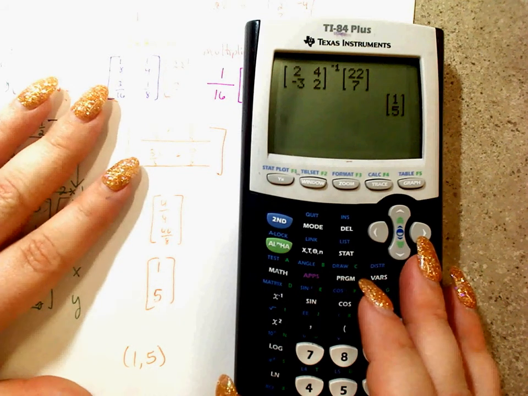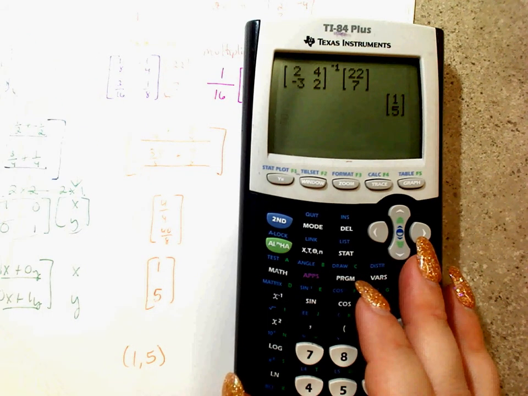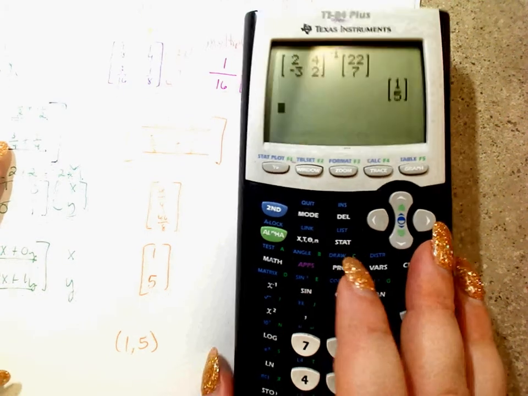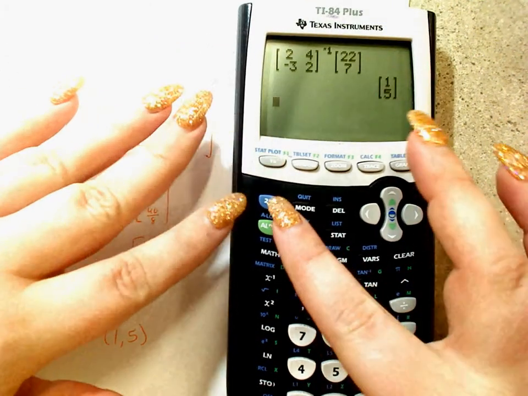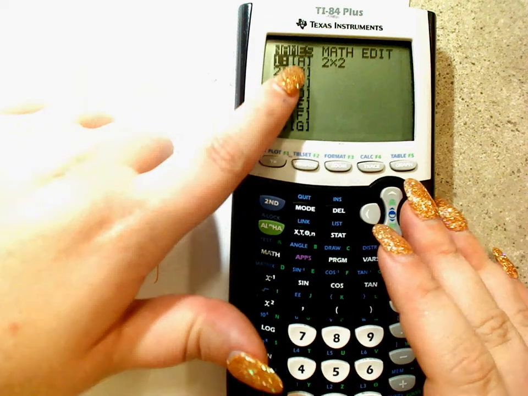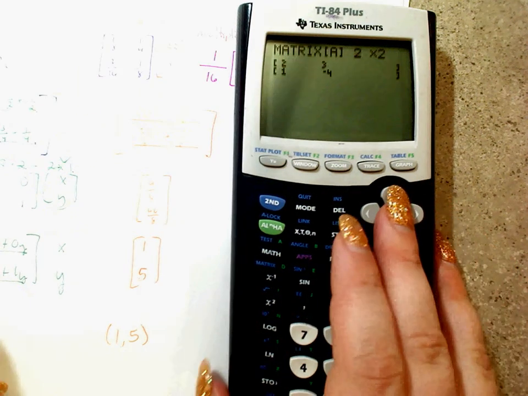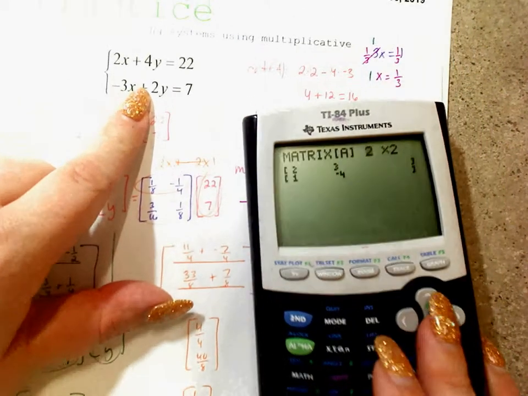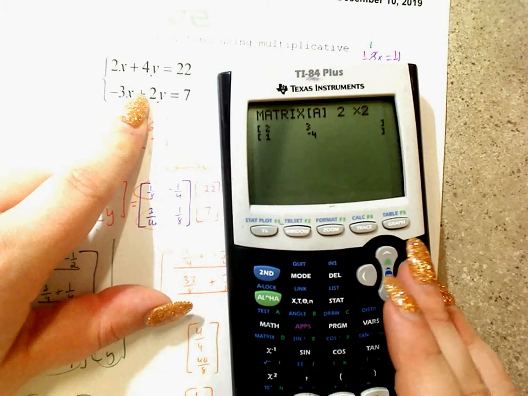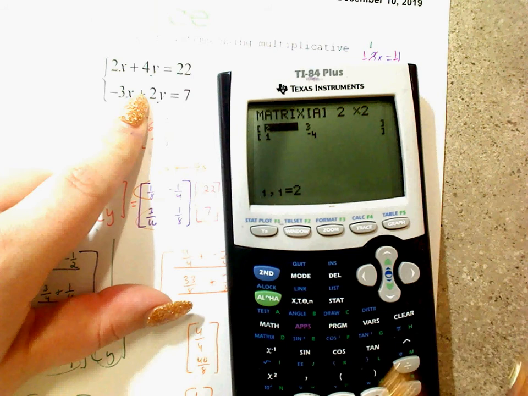There's another way you could define the matrix in here. So I'm going to go second matrix and show you that real quick. I'm going to go to edit, and I'm going to enter in this one right here. So you got to make sure your dimensions are right. So 2, enter, 4, enter, negative 3, enter, 2, enter.